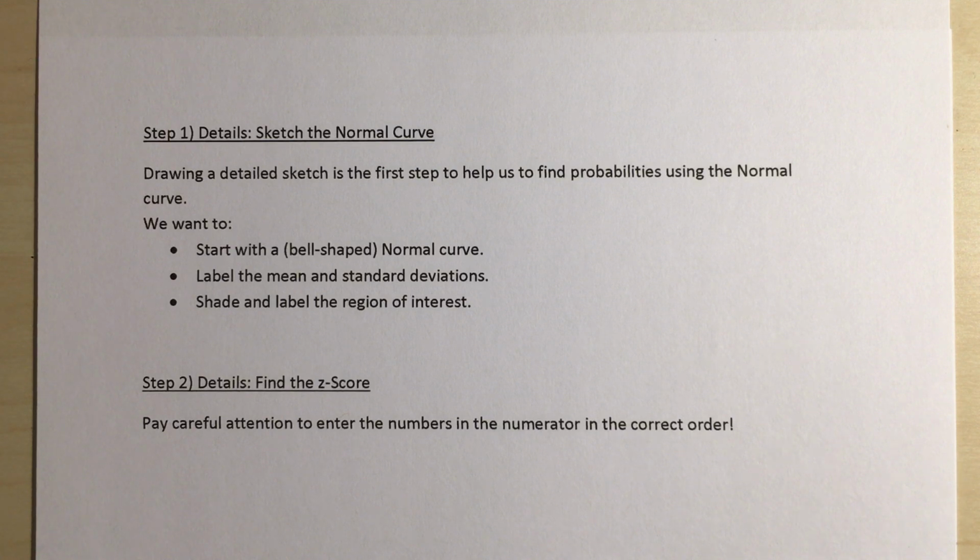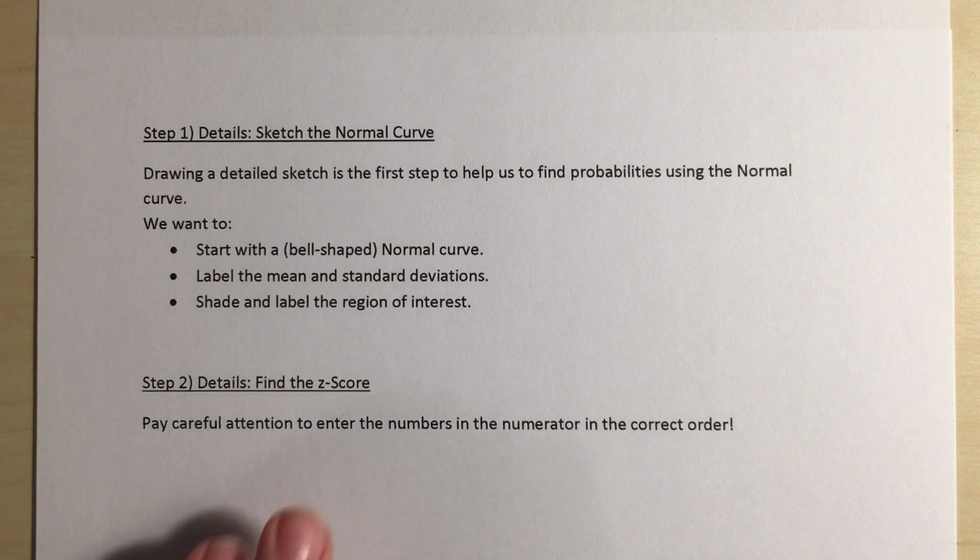When we are finding our z-score, we always want to pay careful attention to the fact that we are putting our mean and our observed value in the correct order. We want to make sure that we have correct values, whether they are positive or negative.